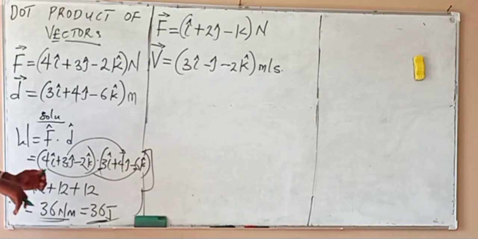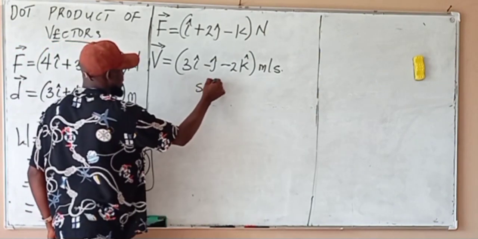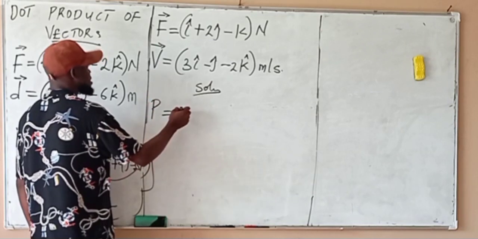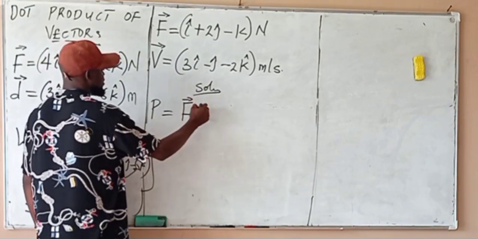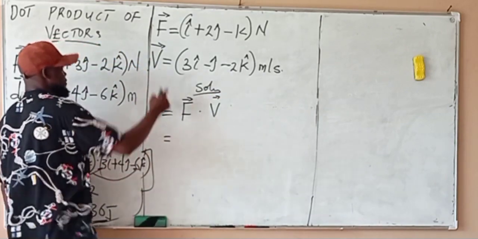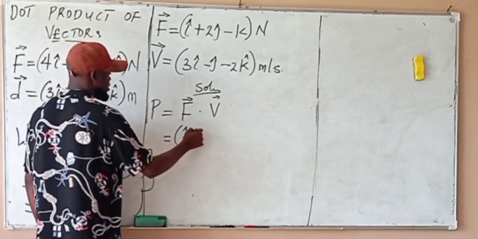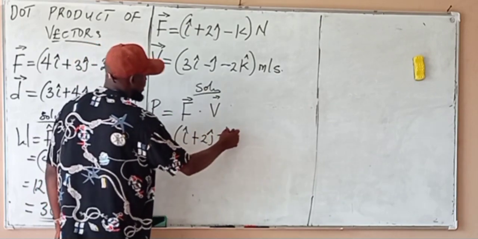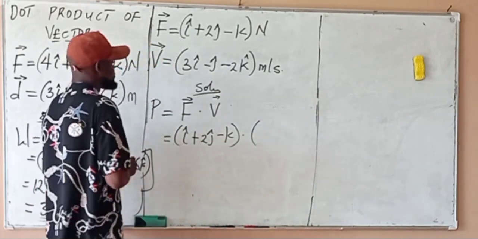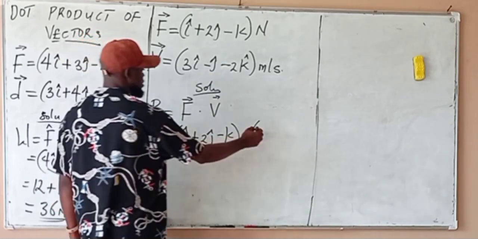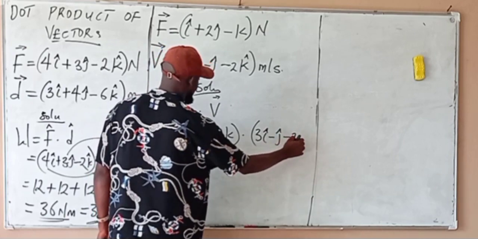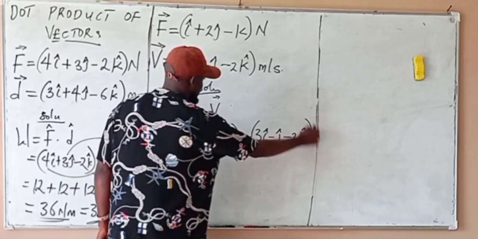So let's look at the power developed. Solution: remember, power is equal to F dot V. F is i plus 2j minus k, dotted with V, 3i minus j plus 2k.